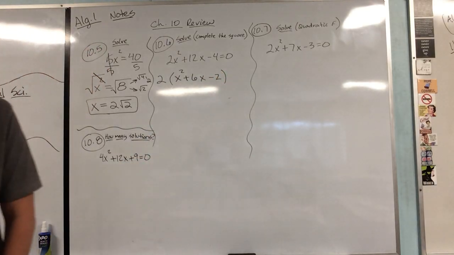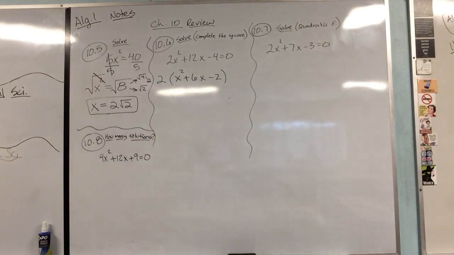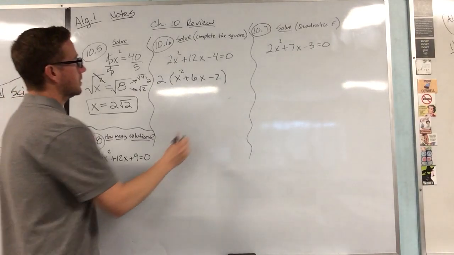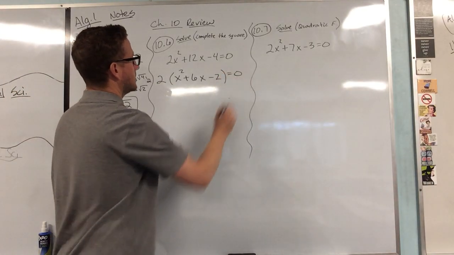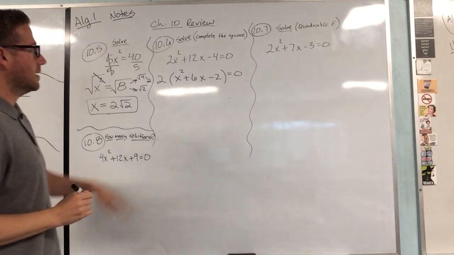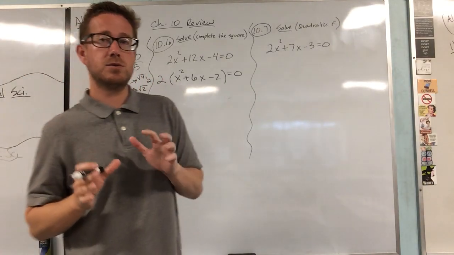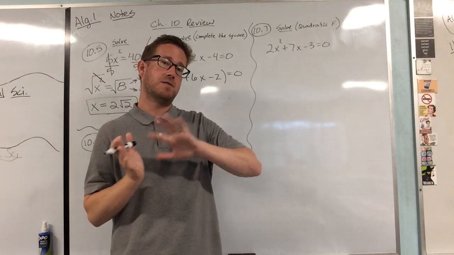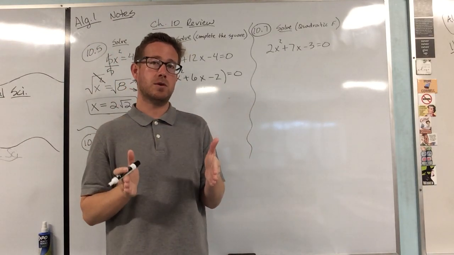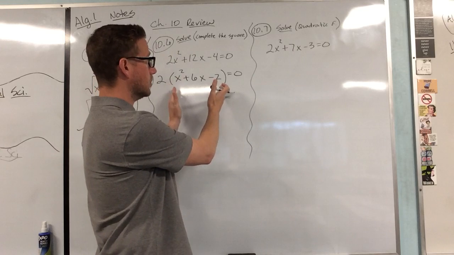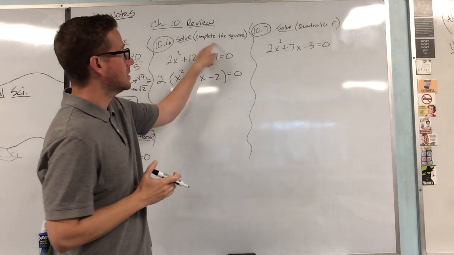You should just be looking at a nice trinomial, and we make sure that equals 0 is also right there. Since you factored out that 2, we're not going to be using that 2. The trinomial in the parentheses is what we're really going to focus on to complete the square.